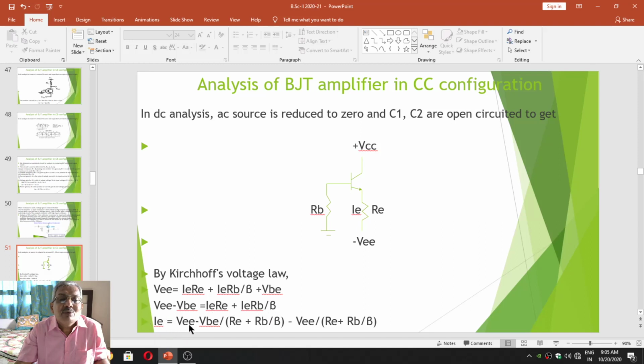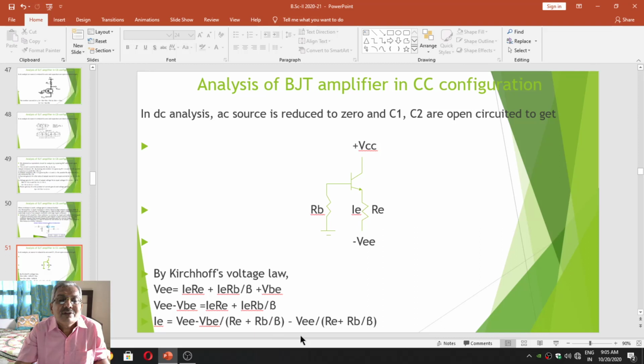Therefore, IE is equal to VEE minus VBE upon RE plus RB upon beta. By taking IE common, we obtain the value of IE as VEE minus VBE upon RE plus RB upon beta.